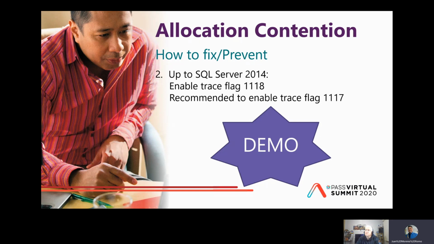Okay. The problem is that all the databases are affected by this trace flag, not only tempdb. So if you enable this trace flag, you need to be sure that all the databases have enough space to allow all the files that they have to grow in the same way at the same time.